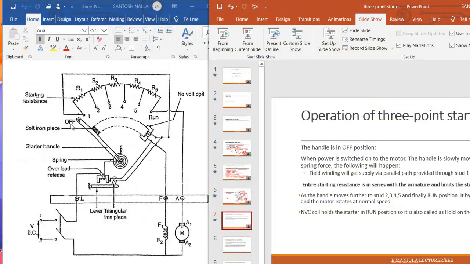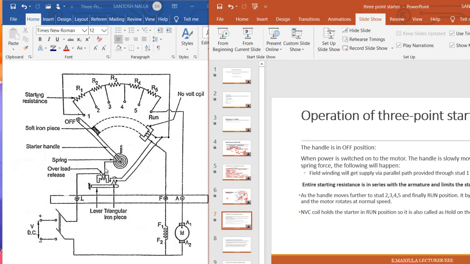This is an off position. This is a spring. Okay. The field winding will get supply via parallel path provided through stud 1 and NVC. Like this it will get.